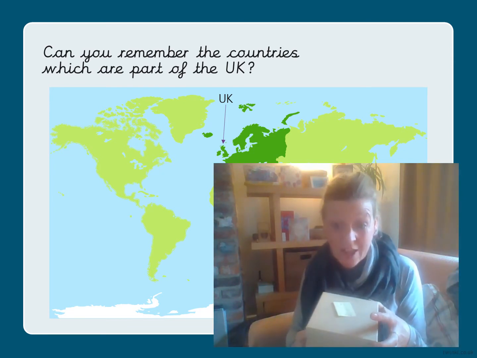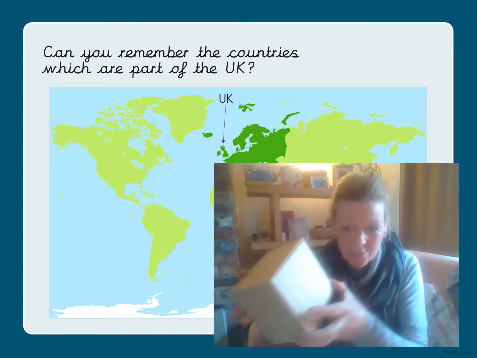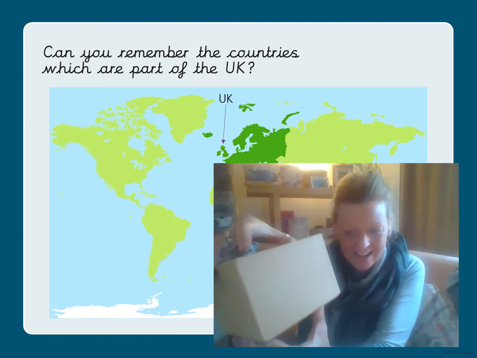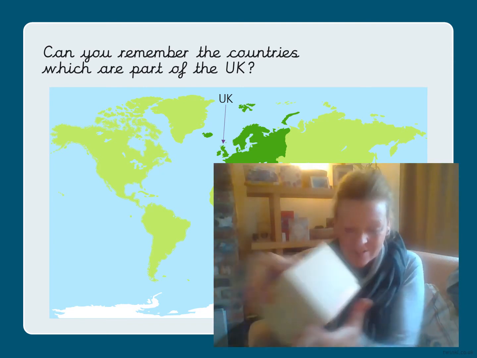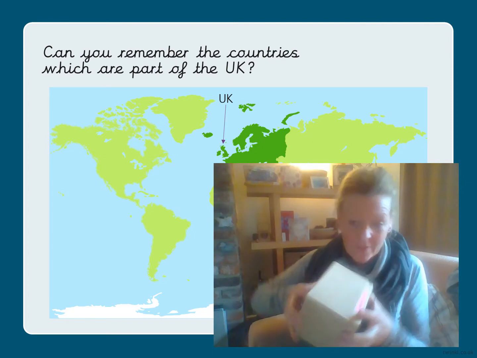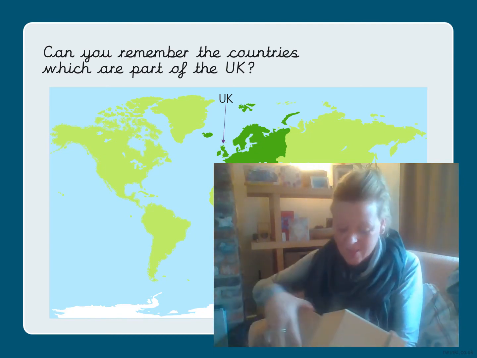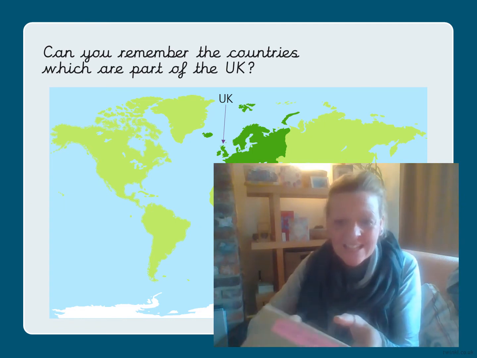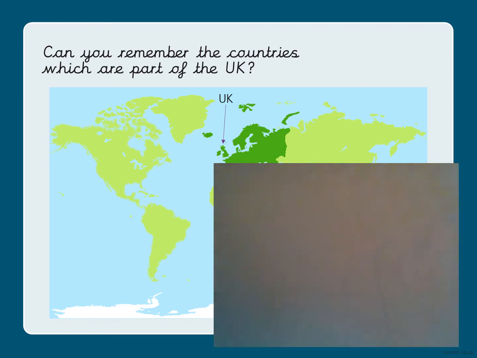And then if we go even further down, I wonder what the next one's going to be. We have got, it's quite hard to get them out. What's this one? Can you see it on there? That's the camera.